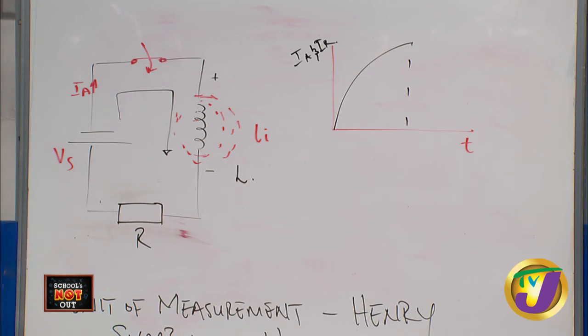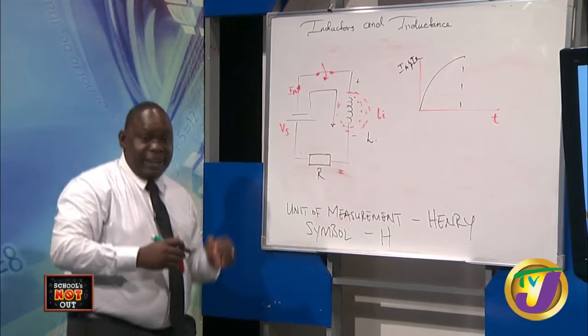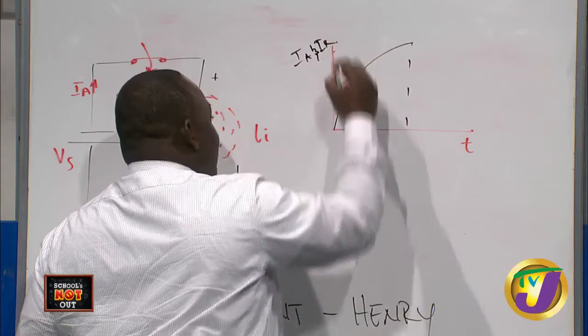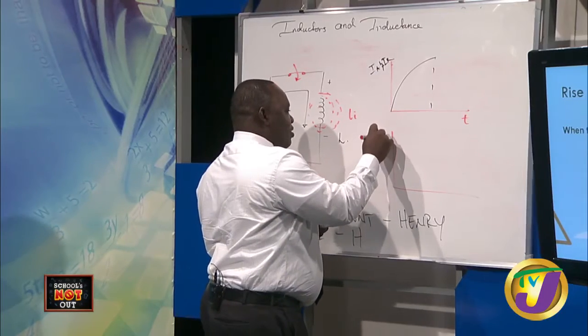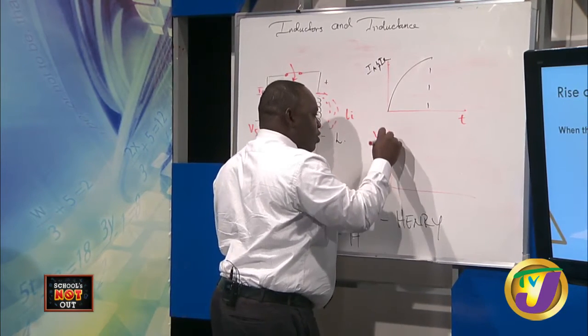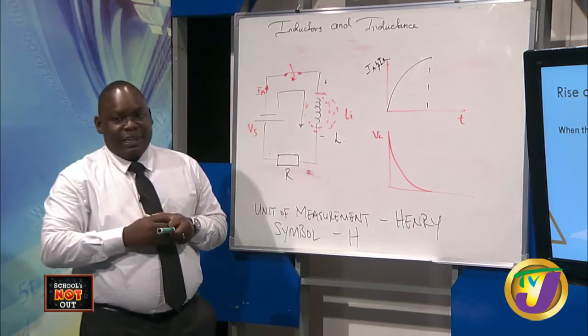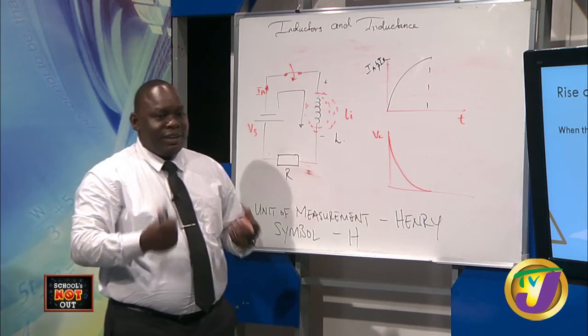Now the next thing is that the voltage drop across our inductor will be falling. If we represent this on our graph, we could get a new graph. We have a little space right here. So we could say that this is VL. Now VL will be falling, but you notice it is falling exponentially. So these are not linear graphs, students. These are exponential graphs.